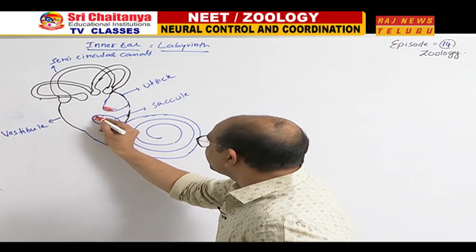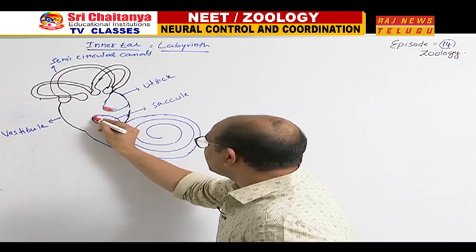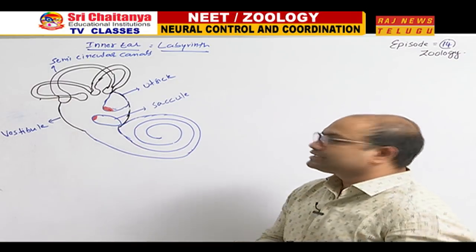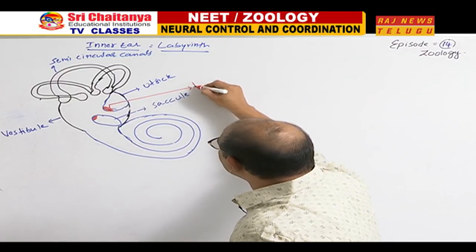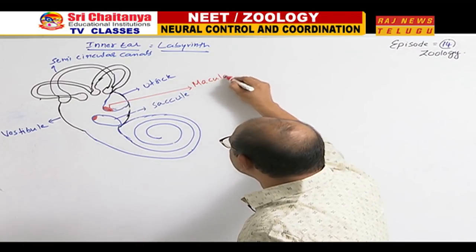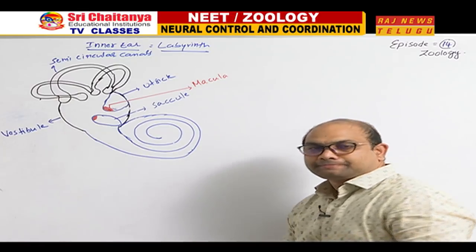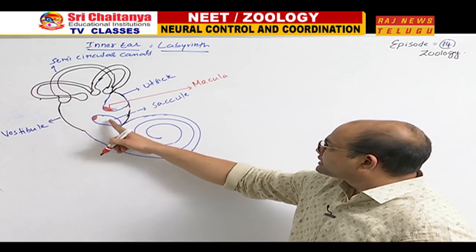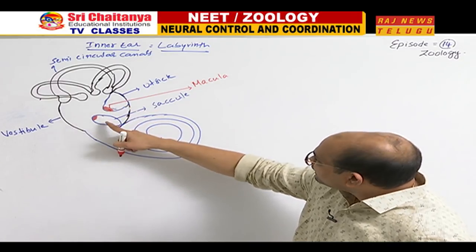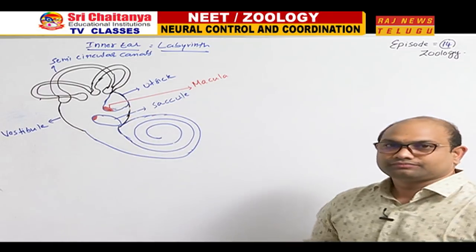Saccule also has a ridge. These two are arranged perpendicularly. The ridge of both utricle and saccule is known as a macula. So, vestibule has utricle and saccule, and both utricle and saccule have macula.